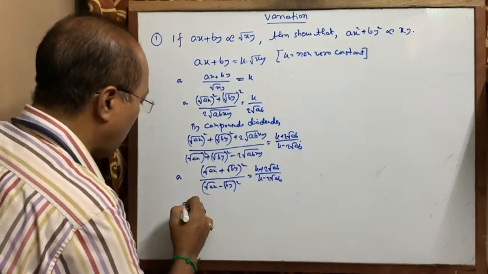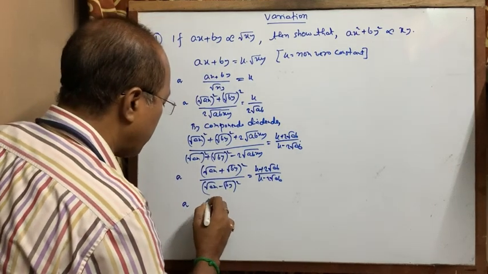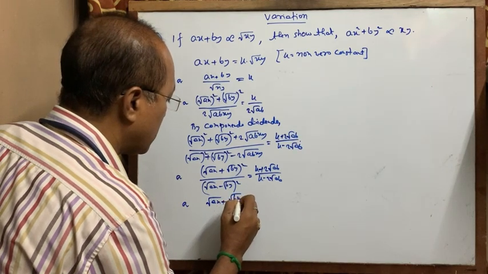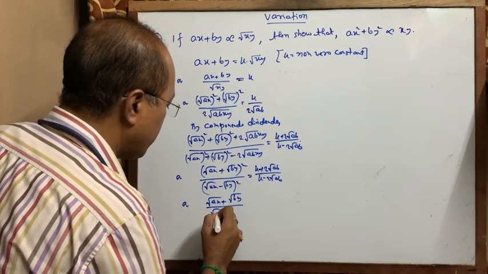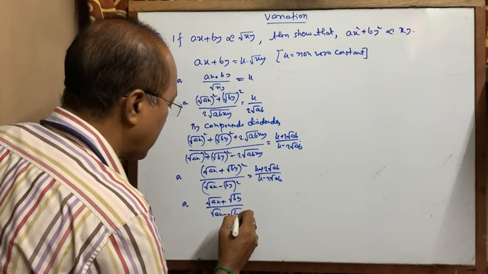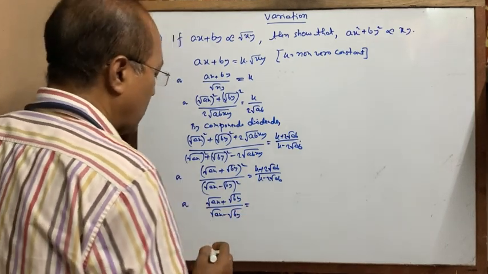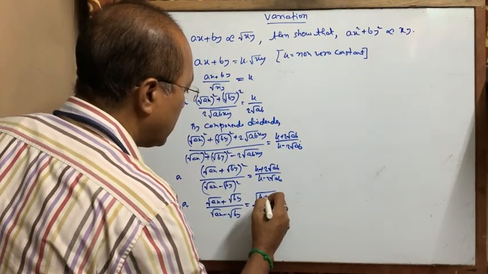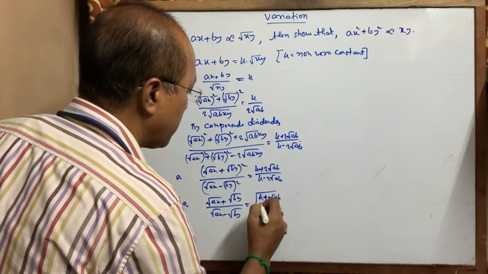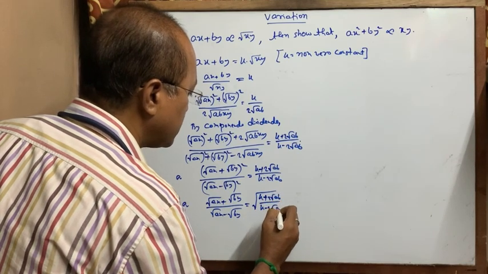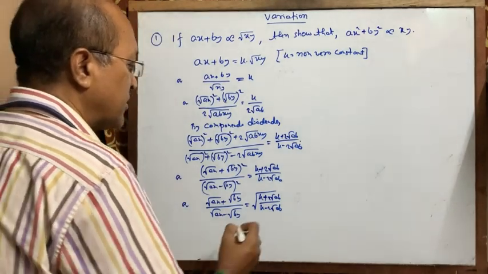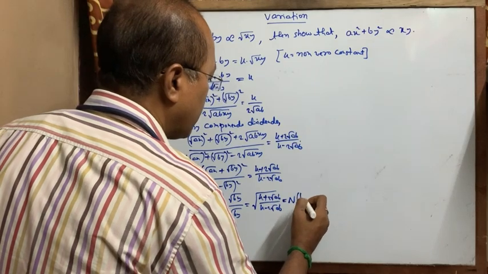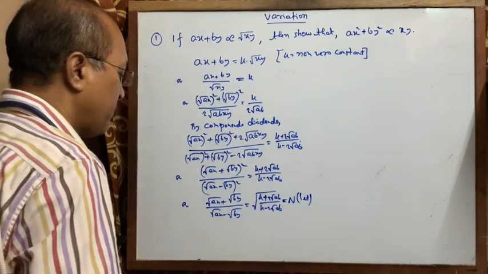Right. Now after square rooting, you can get (root ax plus root by) over (root ax minus root by) equal to the square root of (k plus 2 root ab) over (k minus 2 root ab), which we can consider as n.